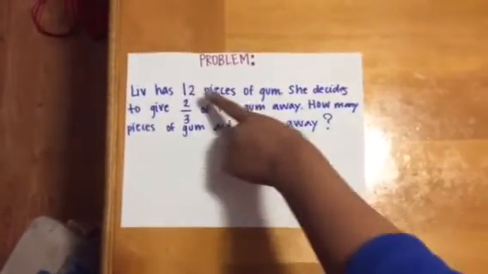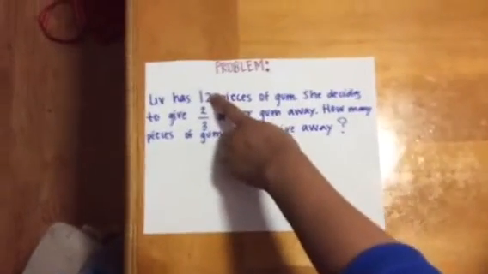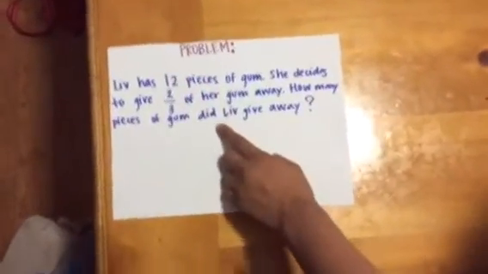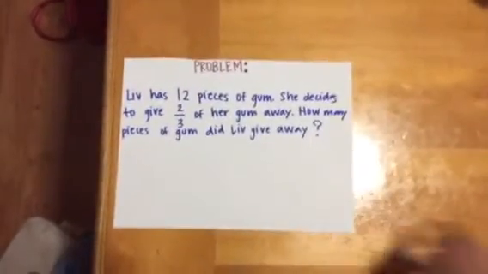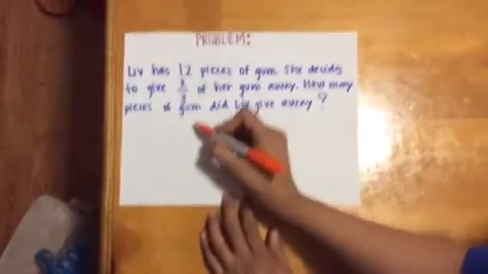So we know that our total is 12. She decides to give how much? 2/3 of what? 12. So we're looking for the number of pieces of gum Liv gave away. So the fractions that we're going to be working with are 2/3.